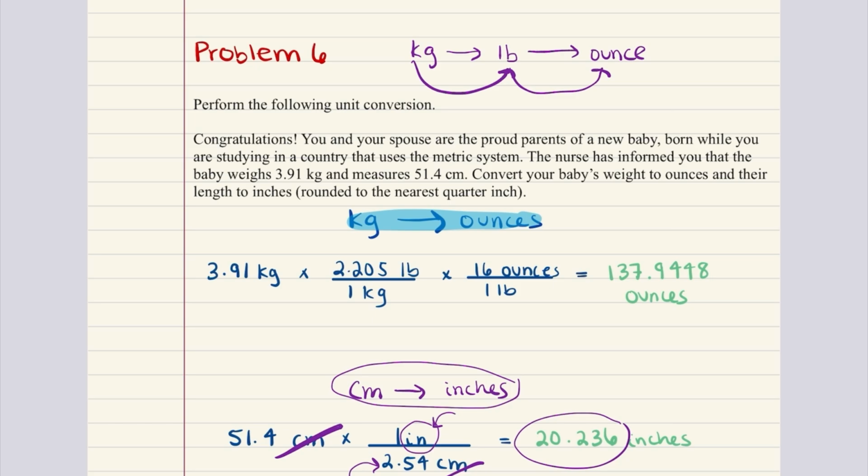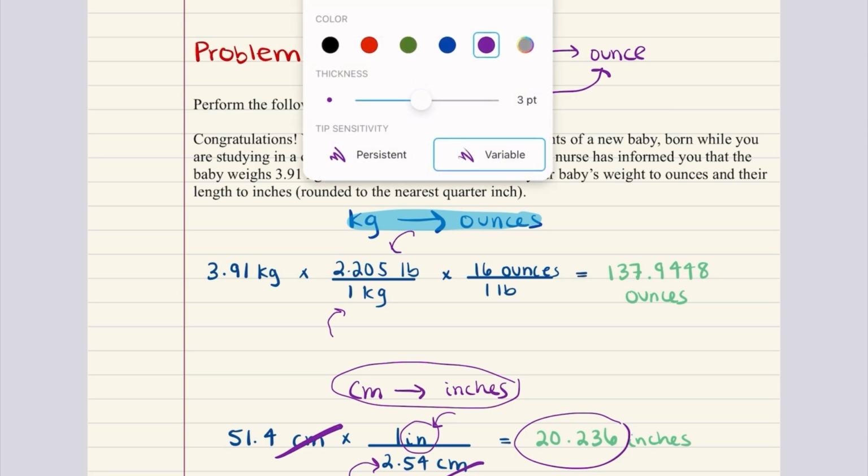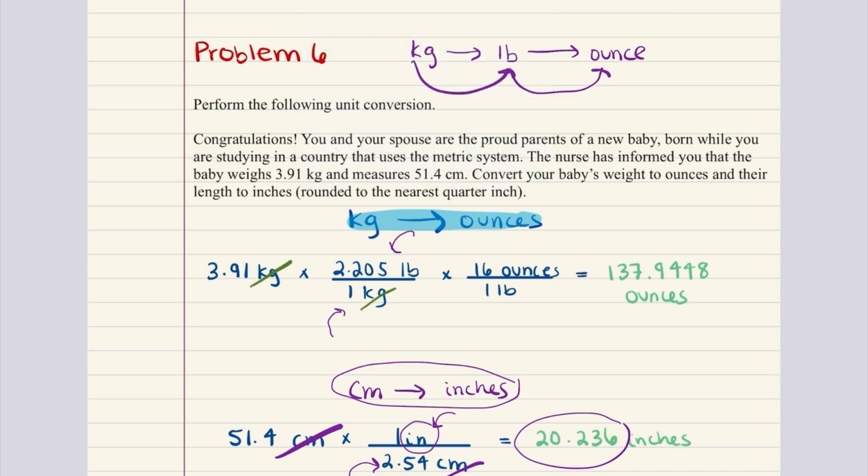So we set this up by putting kilograms in the denominator, pounds in the numerator, and you notice that kilograms cancel out. Now you are stuck with pound units, but we can convert this to ounces. We know that 1 pound equals 16 ounces, so we put pounds in the denominator, ounces in the numerator, pounds cancel out, and we're left with units of ounces, which is exactly what we want.